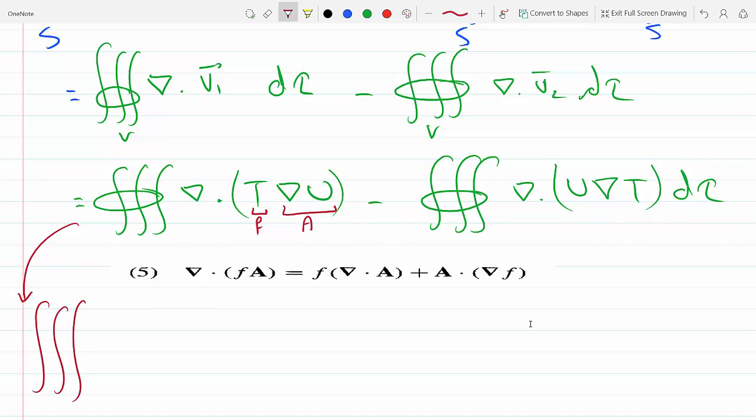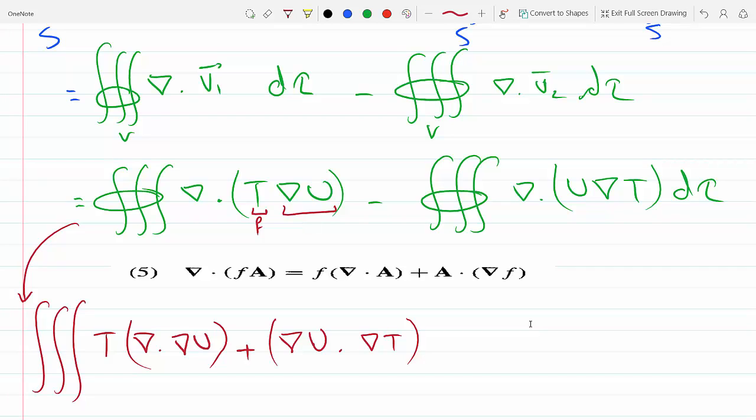You get F, which is T, times the divergence of the gradient, plus A, which is the gradient of U, dotted with the gradient of T. So T is acting like F, and the gradient of U is your vector function A, because the gradient is a vector and the other one is a scalar function.